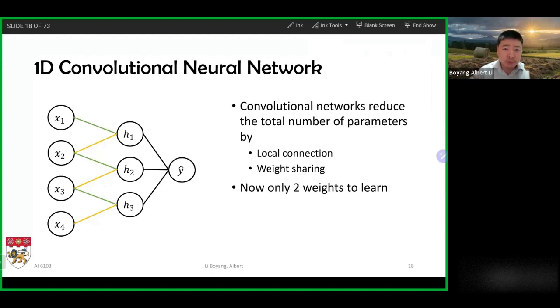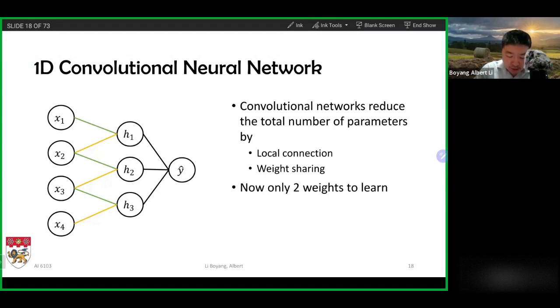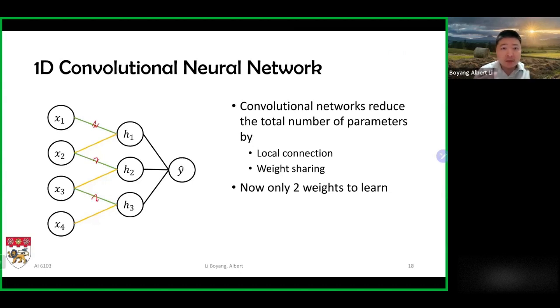Okay, so this is the principle of local connection. The second principle is known as weight sharing. So I'm going to enforce that all 3 green edges have the same weight, and also all the yellow edges have the same weight as well.